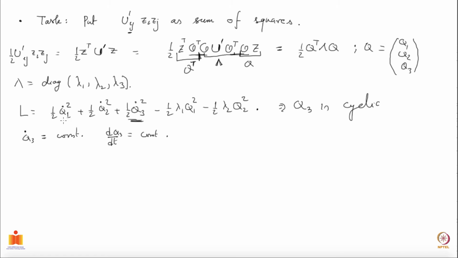What you have is a sum of two harmonic oscillators, which I mentioned last time. These two terms together form a harmonic oscillator, and these two form another harmonic oscillator, with frequencies given by omega 1 square is lambda 1 and omega 2 square is lambda 2.